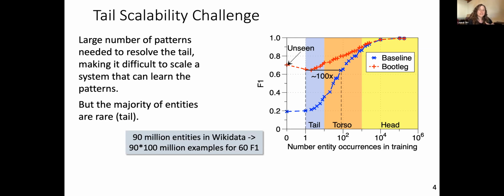What this means is that you'd have to scale your training data so that every entity was seen approximately 100 times. Now, there are 90 million entities approximately in Wikidata, and scaling that to have 100 occurrences of each entity is an infeasible amount of data to train on. So you really can't scale up your training data to get high coverage over the tail. That's really not an option.